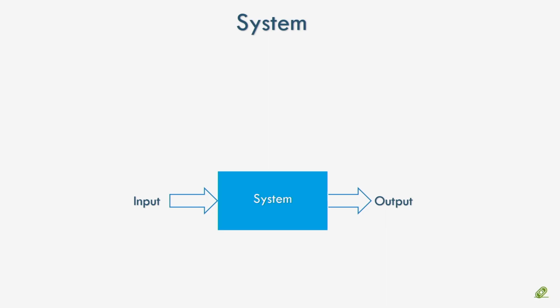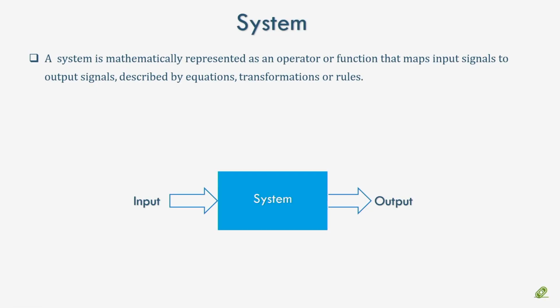Now, in the case of signals, we had a mathematical object related to signals. The mathematical object was the function. Can we do the same for systems also? If we have a mathematical object to define systems, it will be easier for us to analyze them, and of course we have that. A system is mathematically represented as an operator.